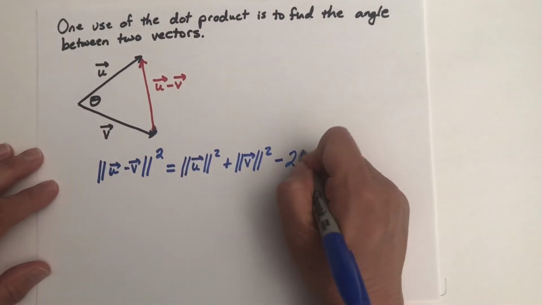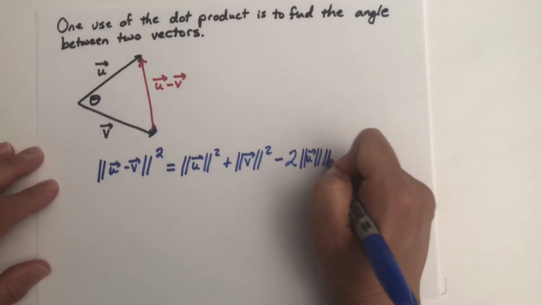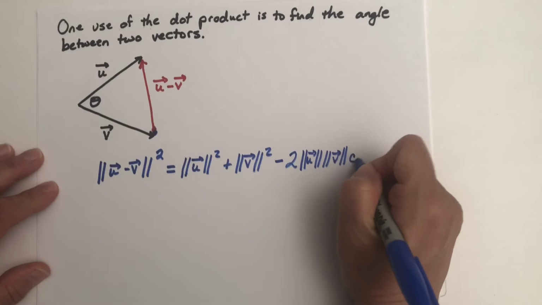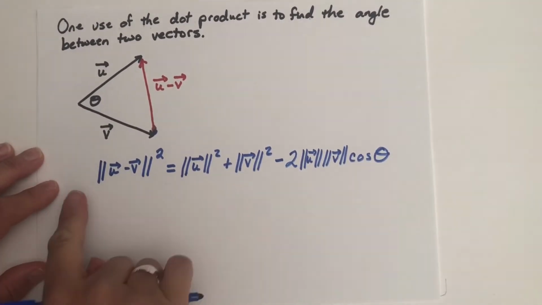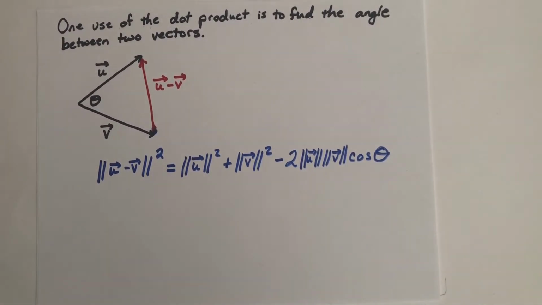So that's the product of the magnitude of u times the magnitude of v, times the cosine of the angle in between. Again, that's from our law of cosines. Okay, now let's keep going.